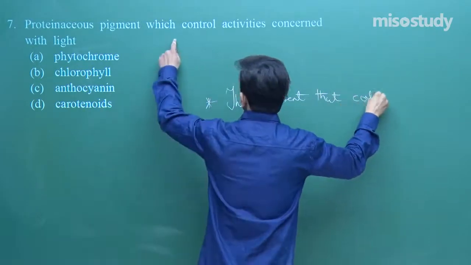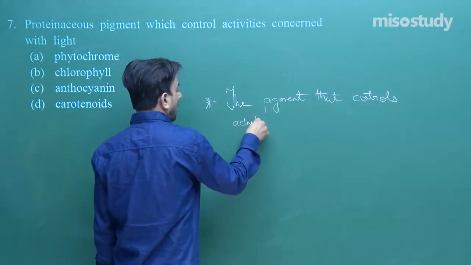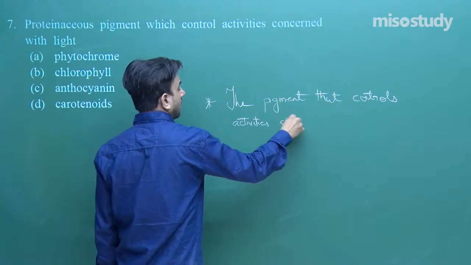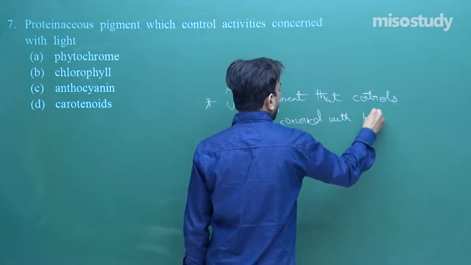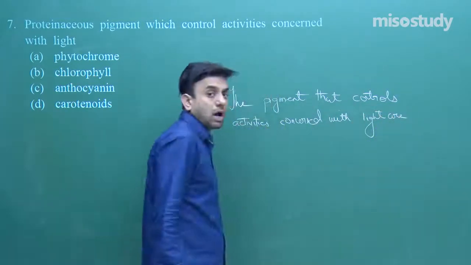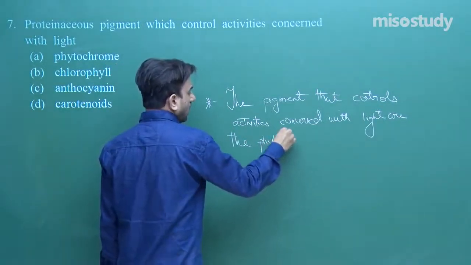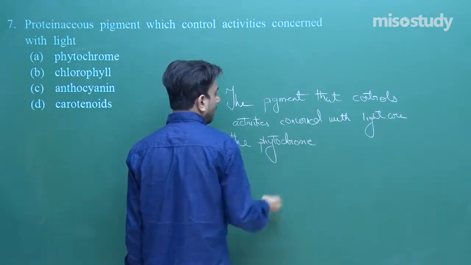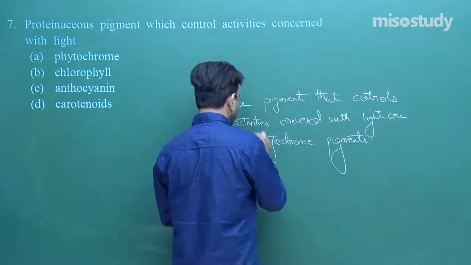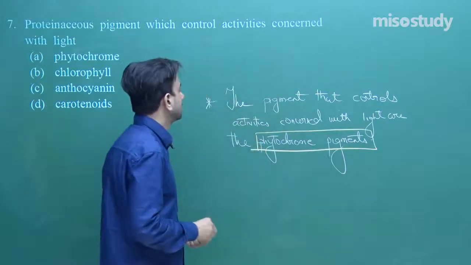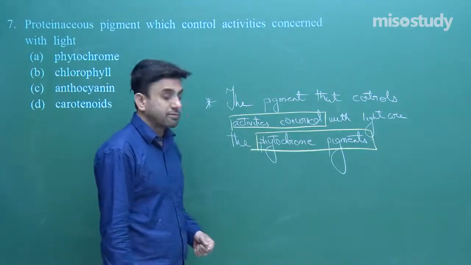The pigments that control activities concerned with light are the phytochrome pigments.